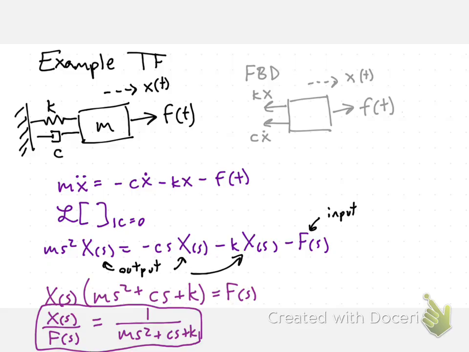It is by no means our last transfer function, but we're going to be using them a lot in class, because once we have transfer functions, we can figure out how our system will respond. We're going to learn a lot about the behavior of a system, and be able to work with experiments, with testing.